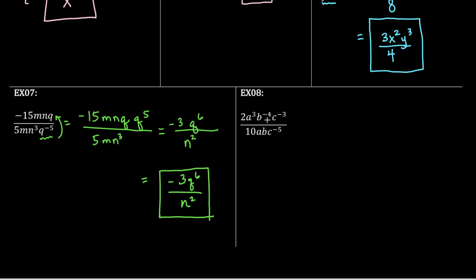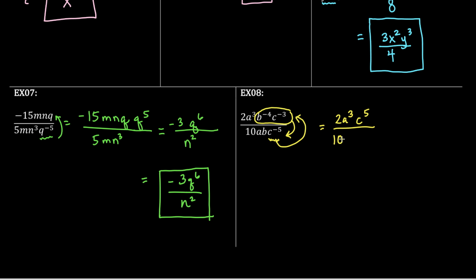So this b to the -4th, c to the -3, these are going to go down here. And the c to the -5th will go up here. So I end up with 2a to the 3rd, and then these are down there, but this comes up, so c to the 5th, equals, we have this 10 still.